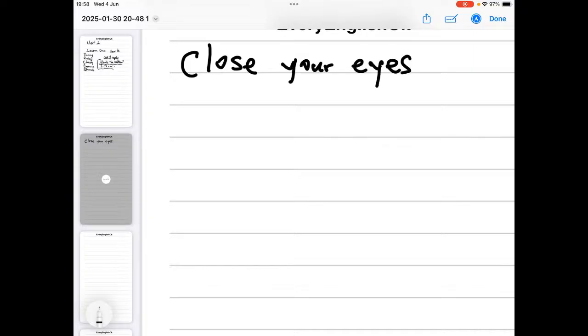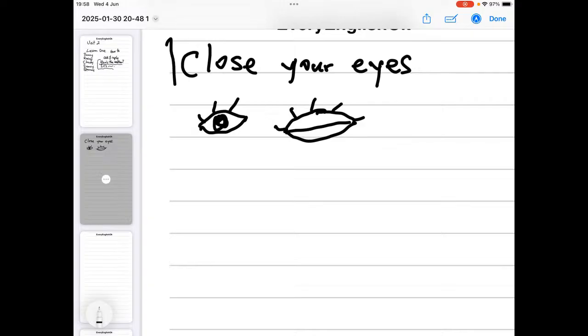Okay, and the flashcard I use for this is, I tell them your eyes are open now. Now I want you to close them. So I went to the internet and got a very funny flashcard that depicts closing of the eyes.